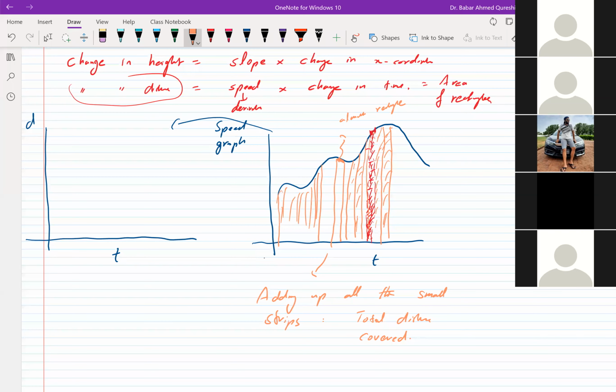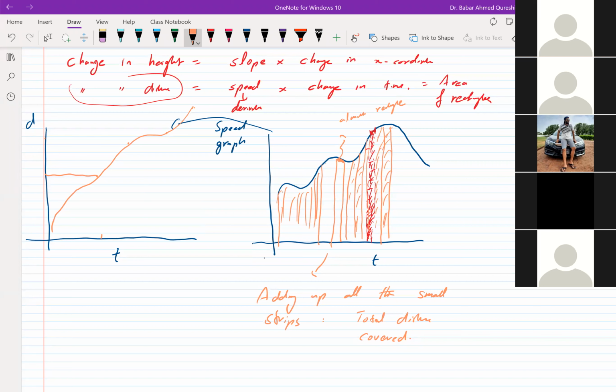So I'll know that up to this point, what is the distance covered? Then I go to the next point and compute the distance covered by adding the strips up to that point. So by connecting all these points, I will have recovered the original graph.